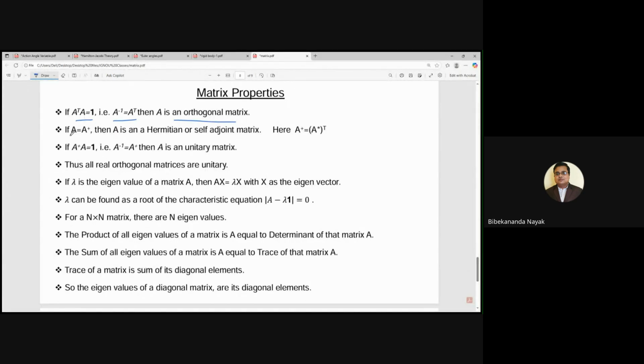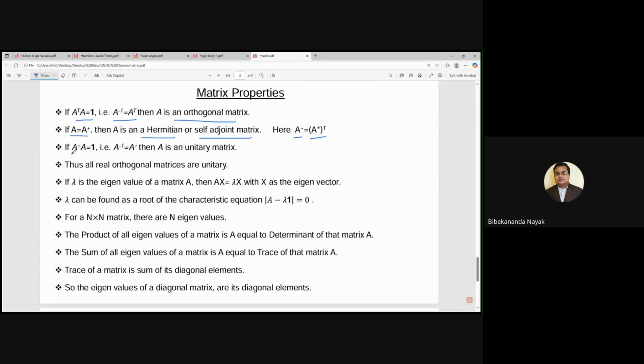Similarly, if A is equal to A dagger, we call it a Hermitian or self-adjoint matrix. Dagger means the transpose of the complex conjugate. You will say this is from quantum mechanics: Hermitian, transpose of the complex conjugate. If A is equal to A dagger, we call this self adjoint or Hermitian.